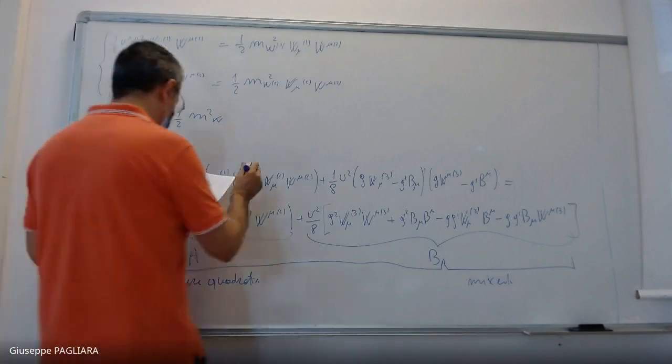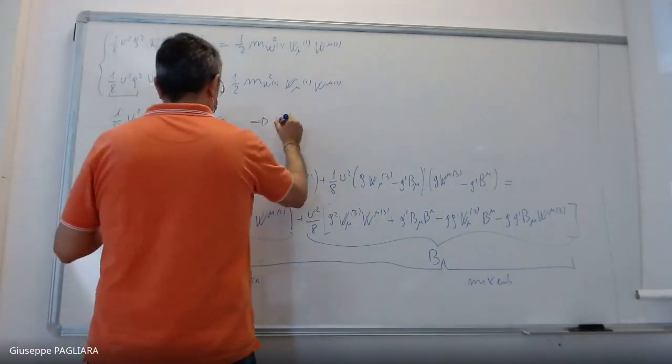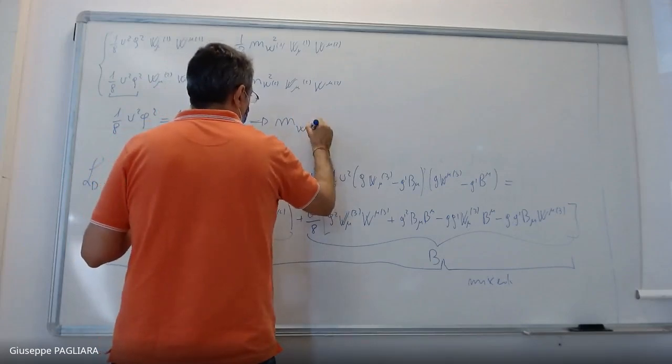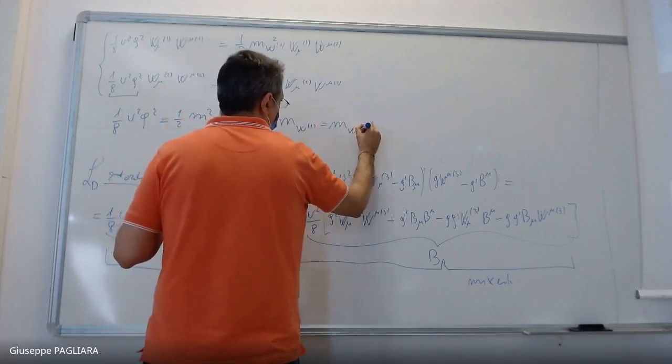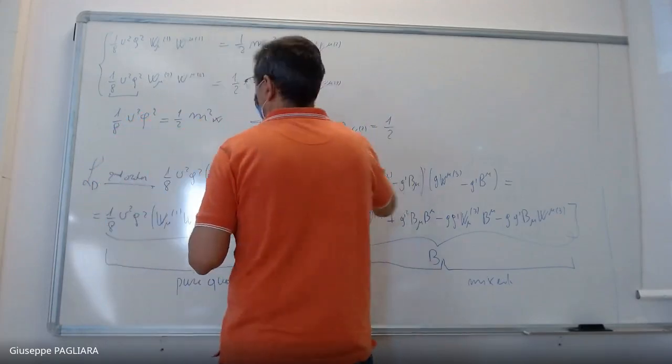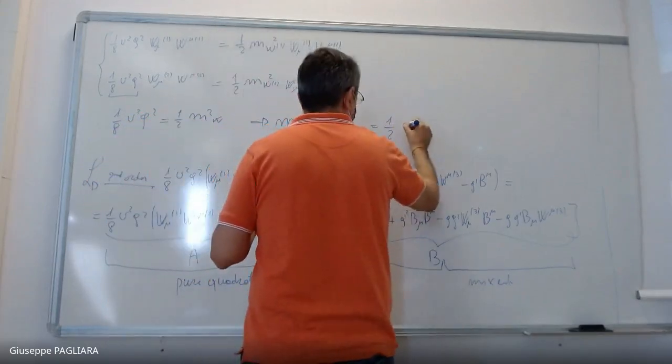And so we obtain that the mass of the W1, which is the same as the mass of the W2, is the square root of this, so it's 1/2 g v.